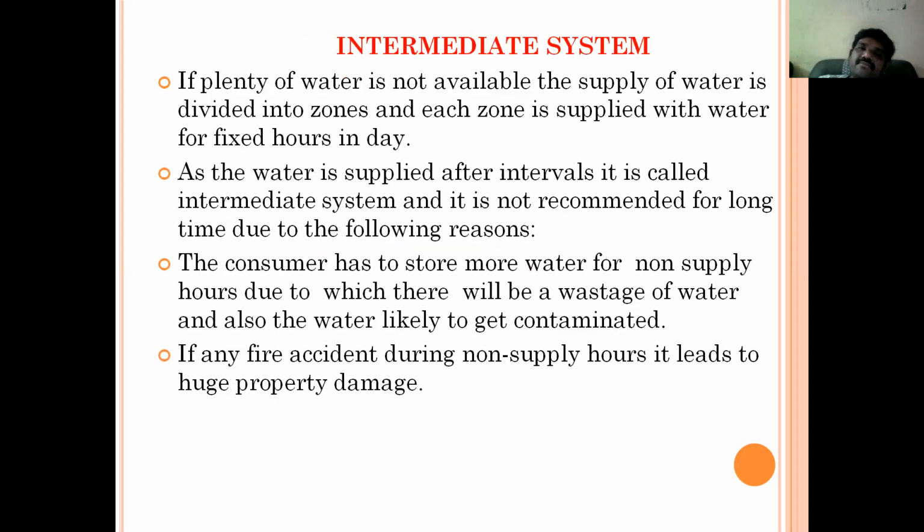Obviously, the intermittent system will be adaptable only whenever plenty of water is not available, and the water will be supplied by dividing into zones and fixing hours for every zone to meet the requirements of water for the public. Here, first thing is, whenever adequate water is not available, this method will be adapted.